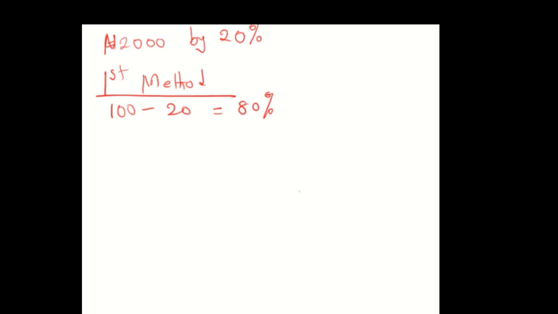So you have 80%. That is 80 all over 100 times 2000 all over 1.